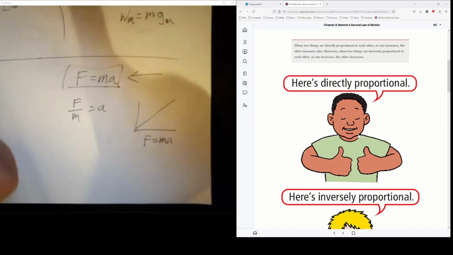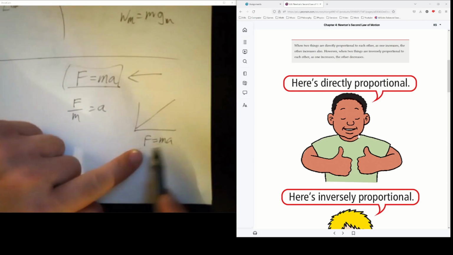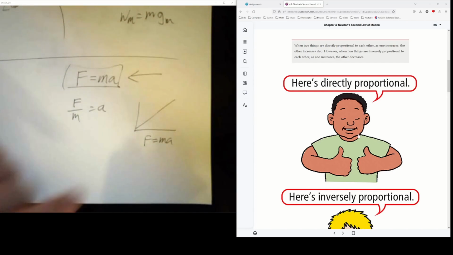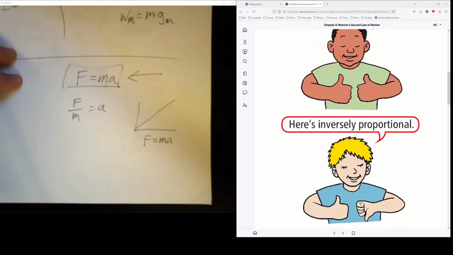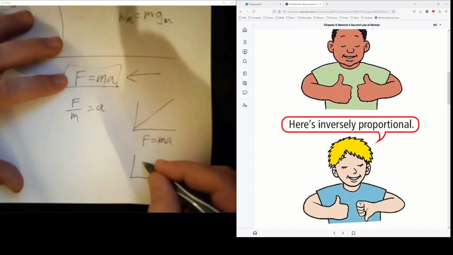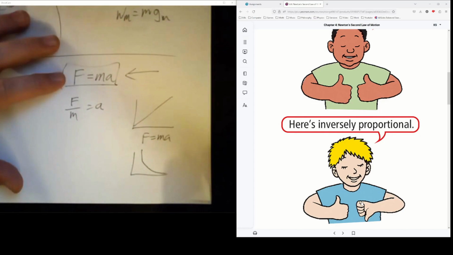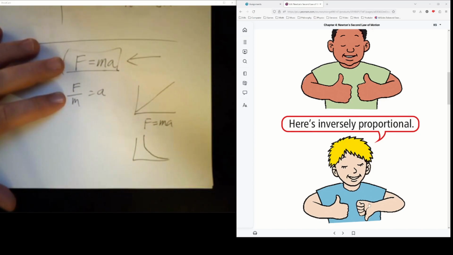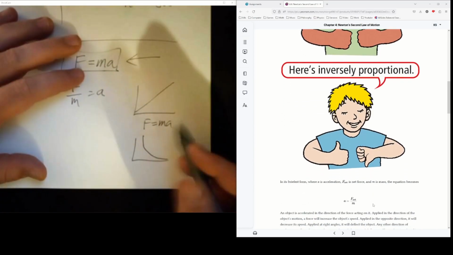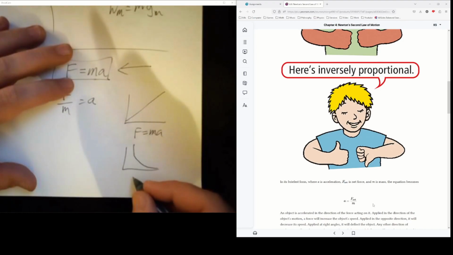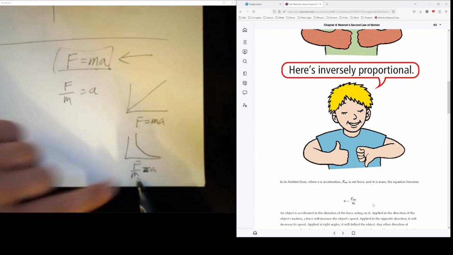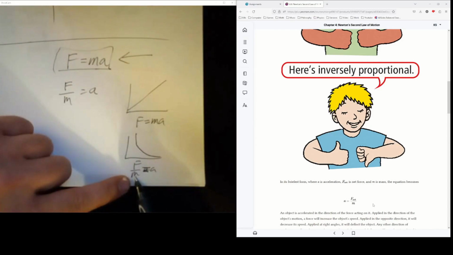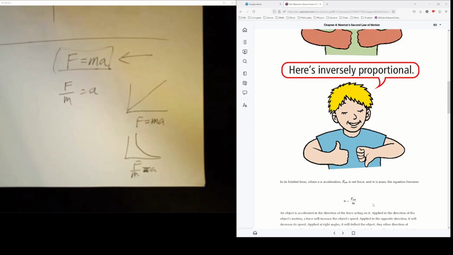I guess that's why thumbs are up, because all of this stuff is in the numerator. Inversely proportional actually has a graph that looks like that, and it just means that you have something in the denominator. Like if I divide both sides by m, whoops, it should be an equal sign there, but now we have something in the denominator, so it's inversely proportional.